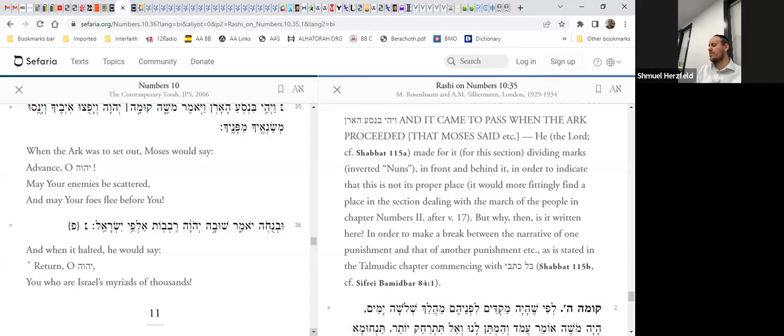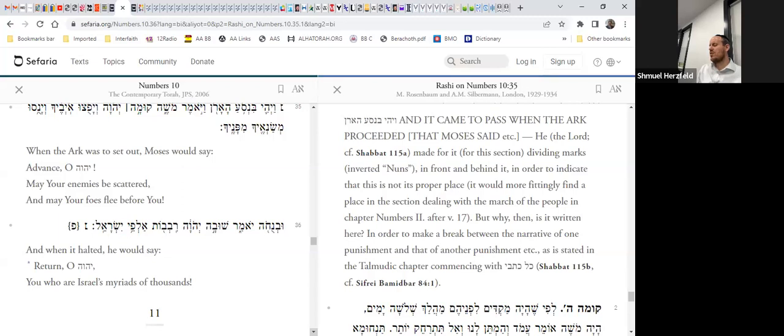Says the Rashi, "Vahi binsoa ha'aron," when the ark was journeying, "asalo simaniot milafanav u'milachrav." The Torah made signs before this verse and after it. See the backwards nun at the beginning, right in your Torah before it.